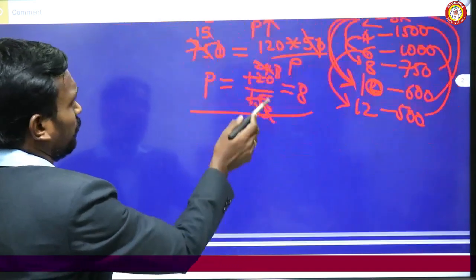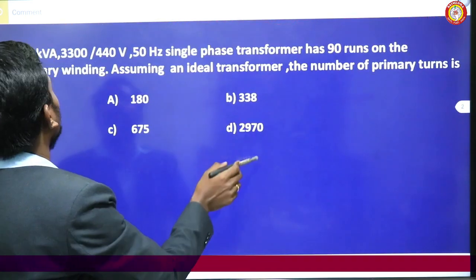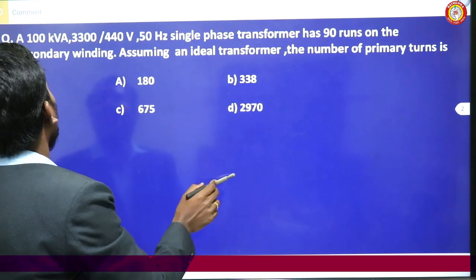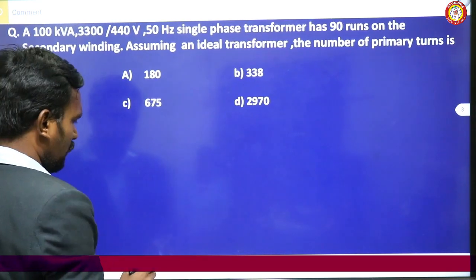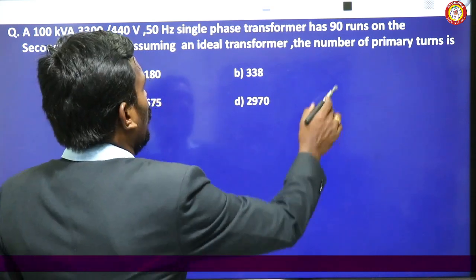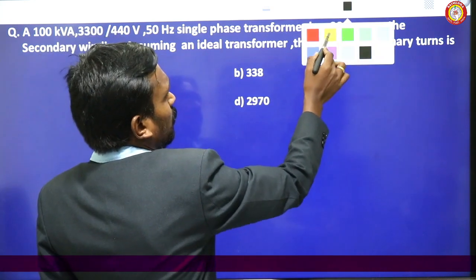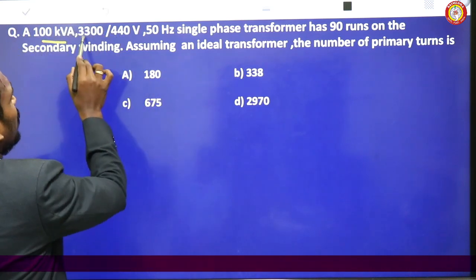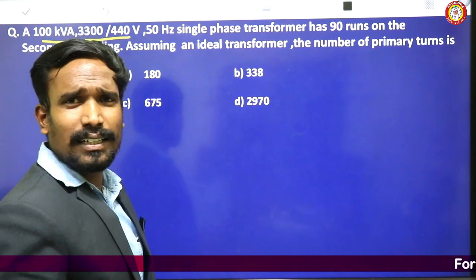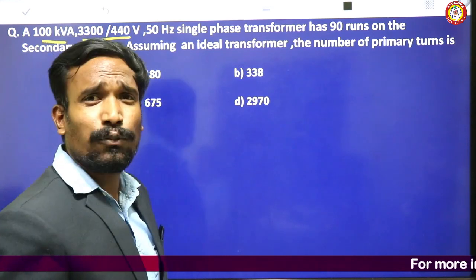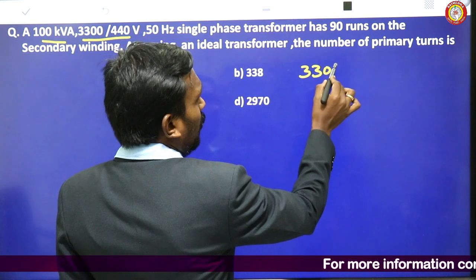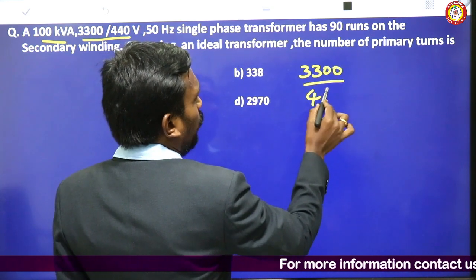Second one next. Yeah, see this. This is another question. Once you see this, what is given? A 100 kVA, 3300 by 440 volts. 3300 by 440 volts.